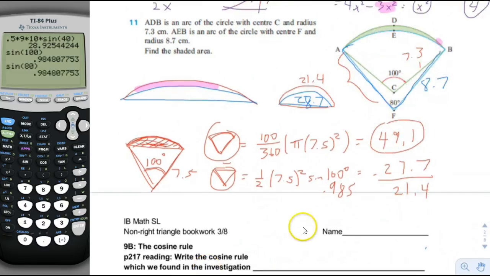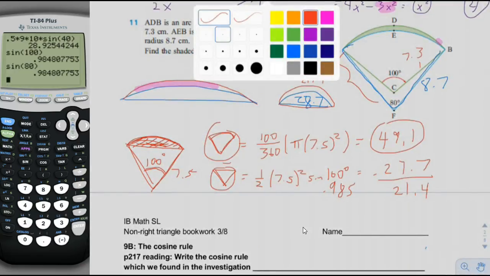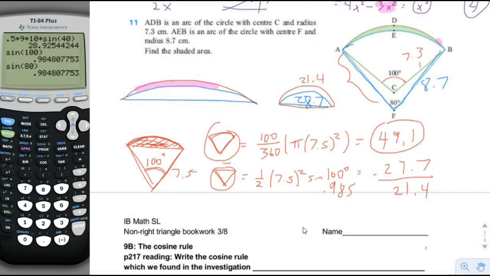Okay, now I'm going to find the blue area here, which is the exact same thing, except I'm going to use a different radius and a different angle. The radius I'm going to use is 8.7, and the angle is 80 degrees. So instead of 100 over 360, it's going to be 80 over 360 times pi times 8.7 squared.